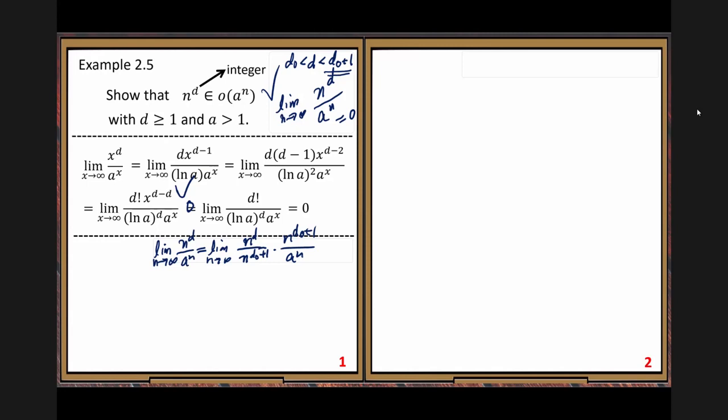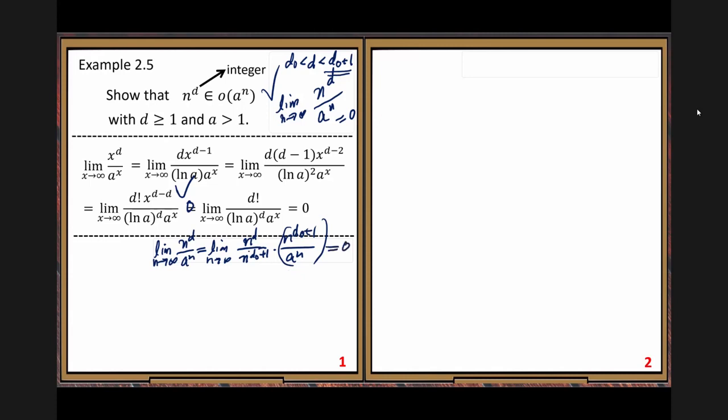Two fractions multiplied together. The first fraction, n to the d over n to the d0 plus 1, is less than 1. The second one, n to the d0 plus 1, has an integer exponent, and we already proved the integer case the first time.